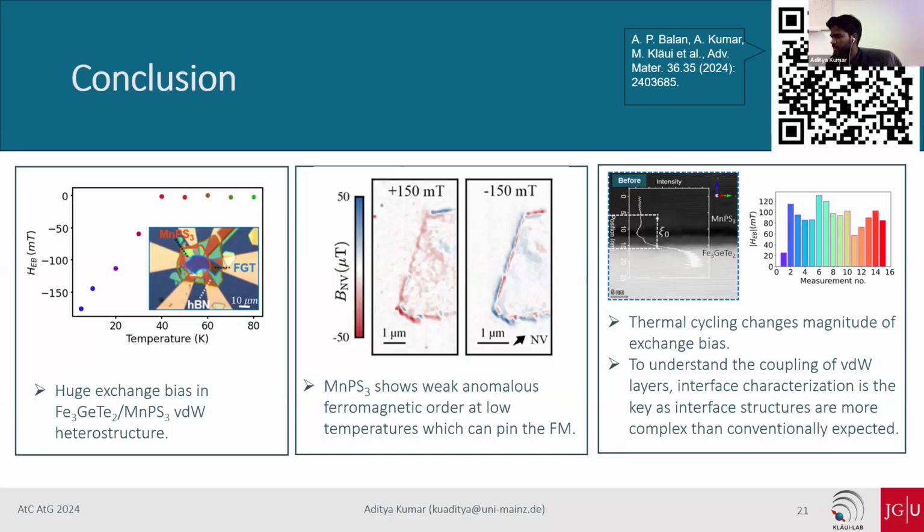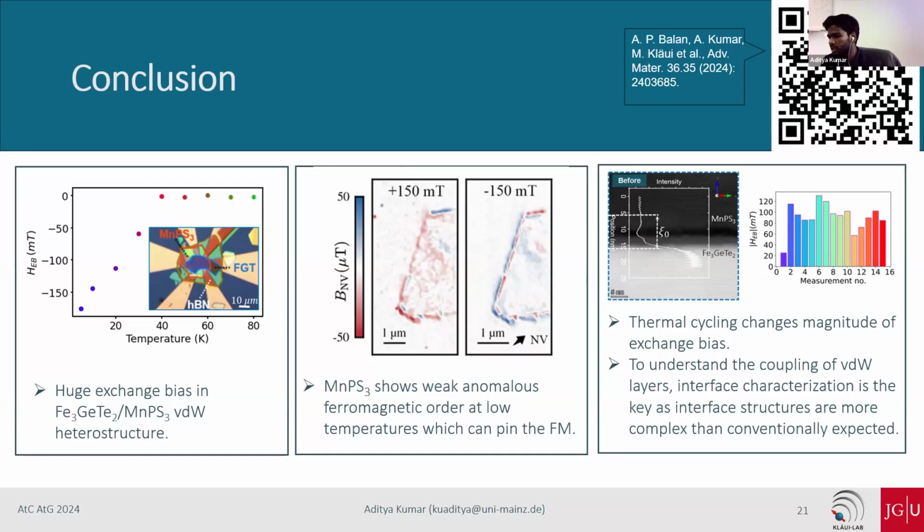Very interesting point. Indeed, since these materials are only active at very low temperatures, the magnitude of exchange bias is not really useful for applications. But the interesting part here is that exchange bias is a very interface-led phenomenon, and it gives you a way to study the interface. So the idea of our study was not just to look at exchange bias that we can use for different applications.